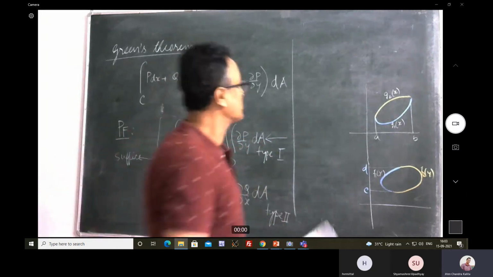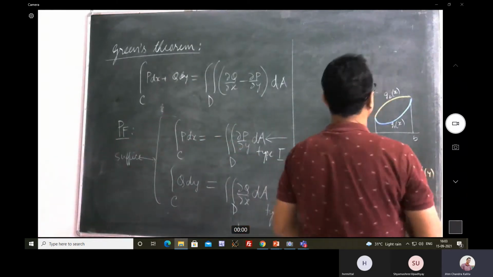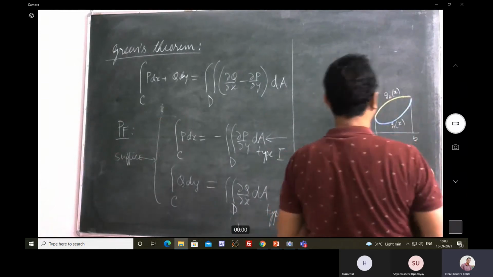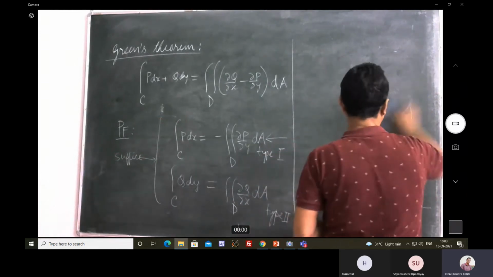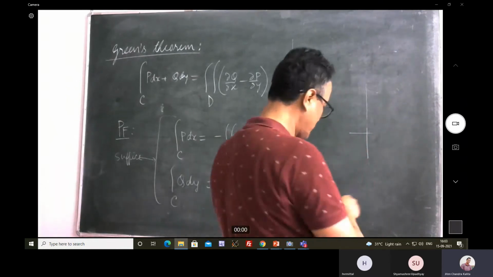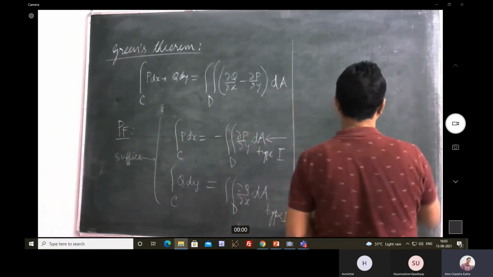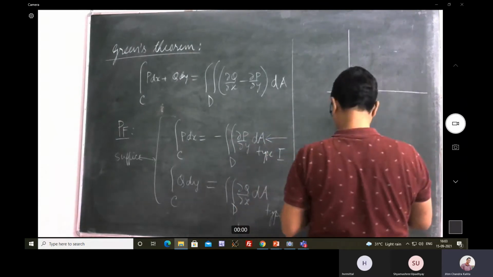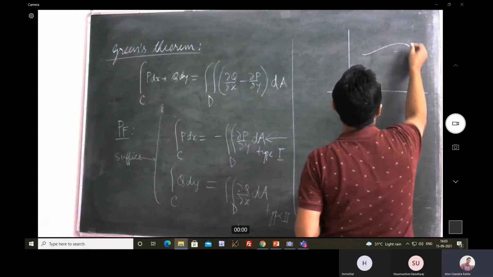But what could be confusing for you is that this becomes too easy. So that's why, when he considered D as a type 1 region, he drew the figure something like this.